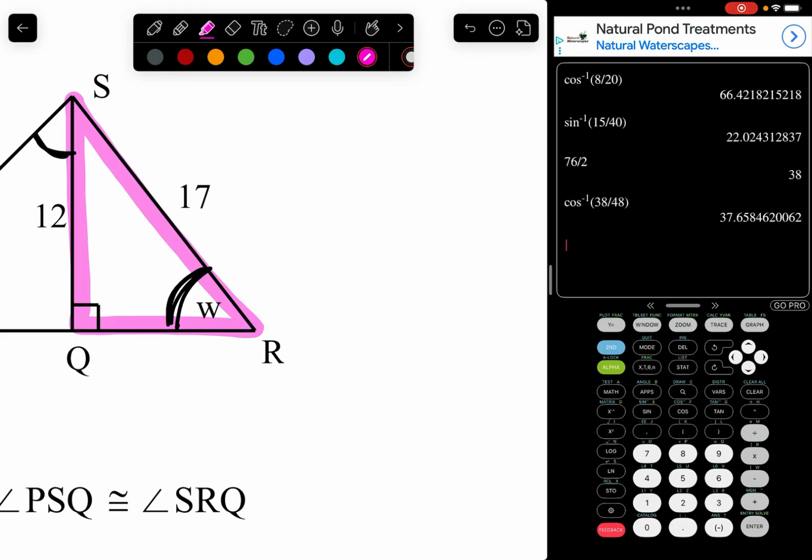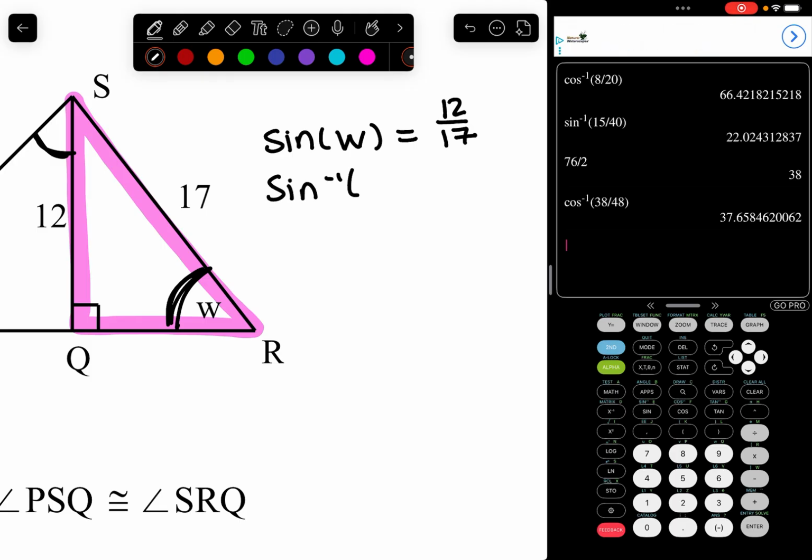Okay, and I've got a right triangle, so I know that I can find angle W. I've got opposite and hypotenuse, so I can do the sine of angle W, and that's going to equal 12 over 17. I can do sine inverse of 12 over 17.